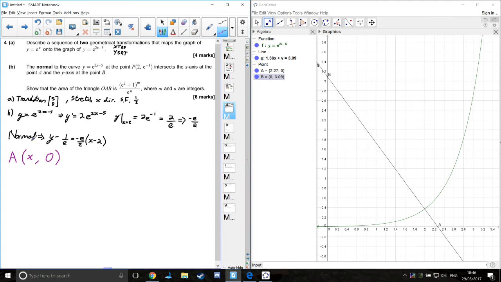So let's work out the normal. When y is equal to 0, we get 0 minus 1 over e is equal to negative e over 2 times x minus 2.